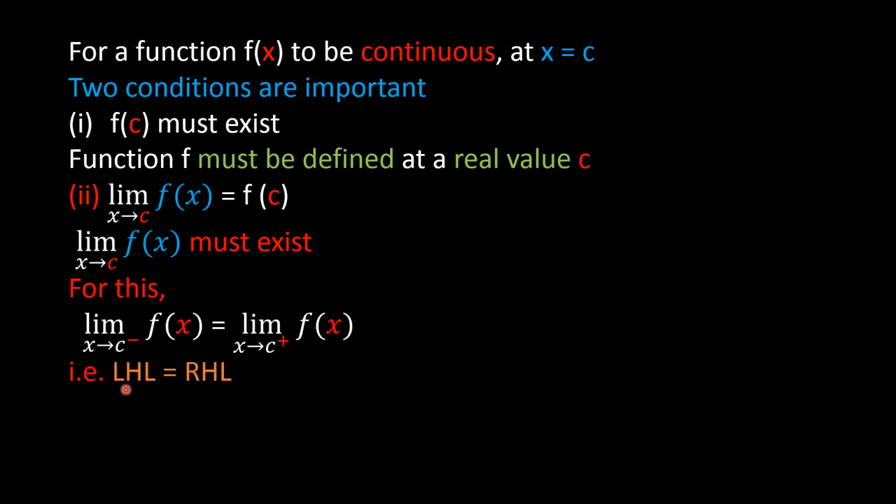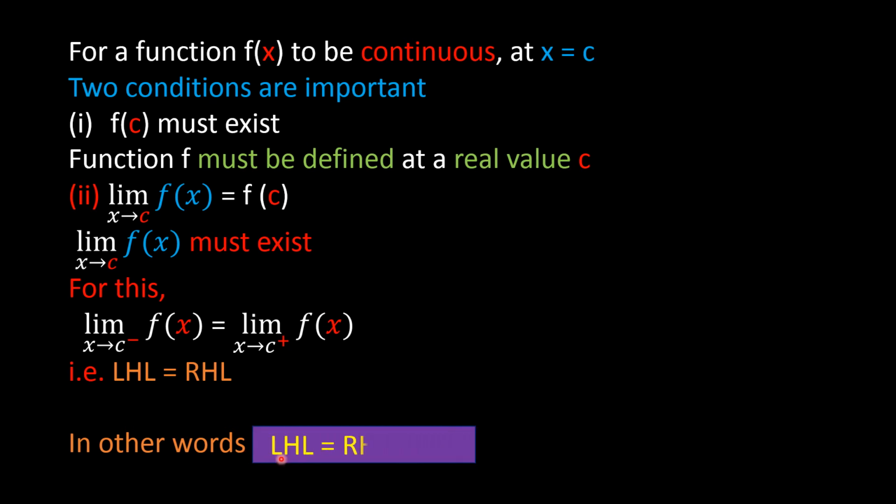That is, left hand limit must be equal to right hand limit. So in other words, for a function to be continuous, left hand limit must be equal to right hand limit, which must be equal to the value of the function at x equals c.